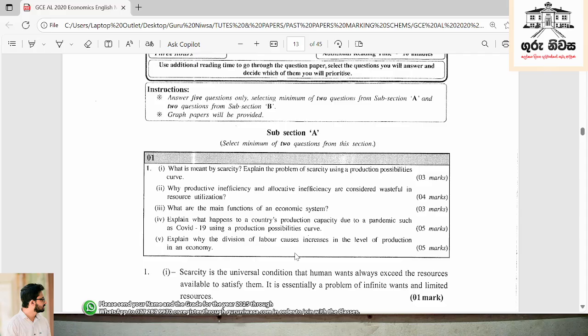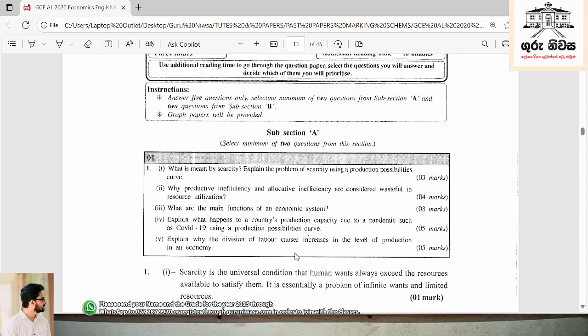Very short period of time. If curfew or travel restrictions are imposed by the government, it does not affect production capacity level. Temporary, yes, production will decrease or actual output will decrease, but it does not affect production capacity.